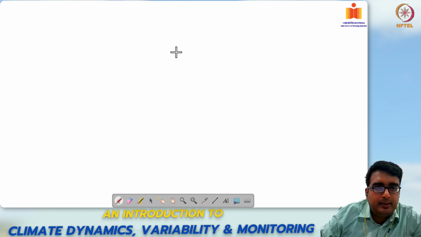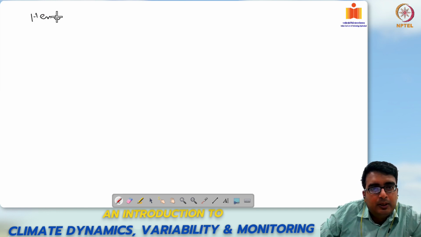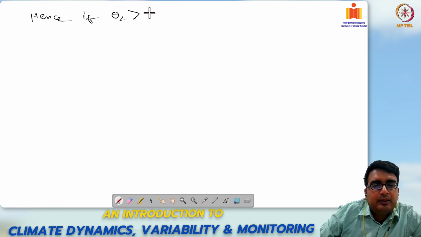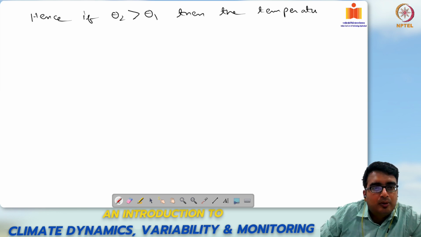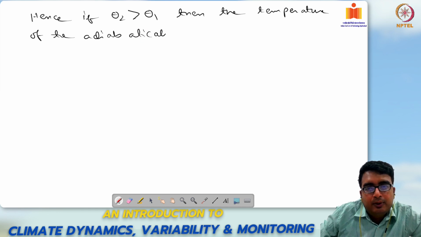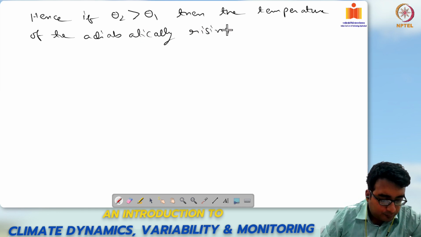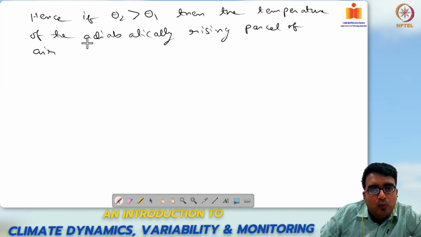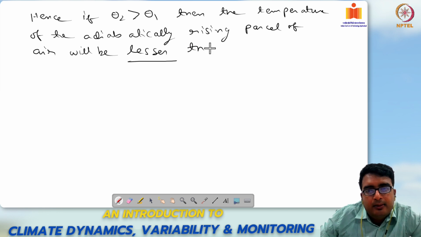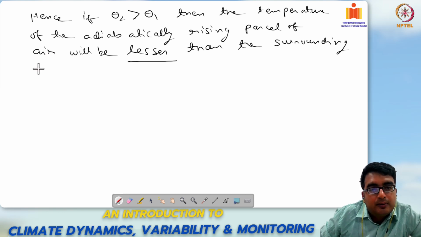Okay. Hence, if theta 2 is greater than theta 1, then the temperature of the adiabatically rising parcel of air will be lesser than the surrounding air at Z2.